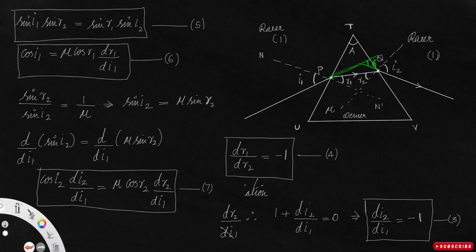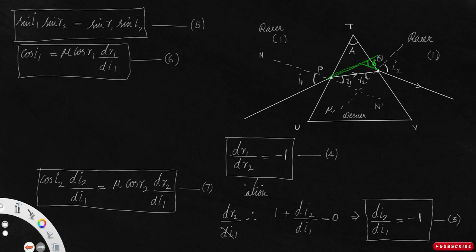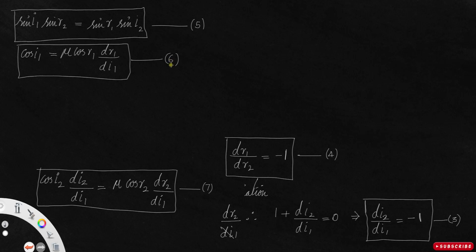Clear? Now let me divide. Let me erase this picture. Now if you divide equation 6 by equation 7, what do you get? First divide the left hand side.